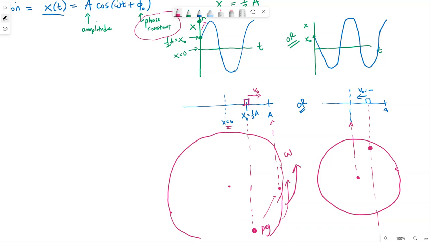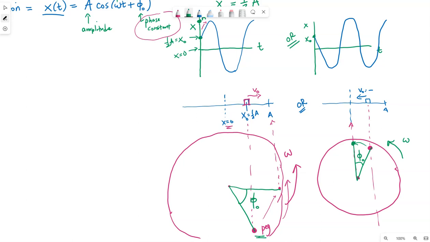I would draw my peg at the top, because this disc, which we model as rotating counterclockwise, is headed towards equilibrium. In either case, phi naught represents the angle of where the peg is initially, at this initial moment in time, and how it is moving, where it is headed to.